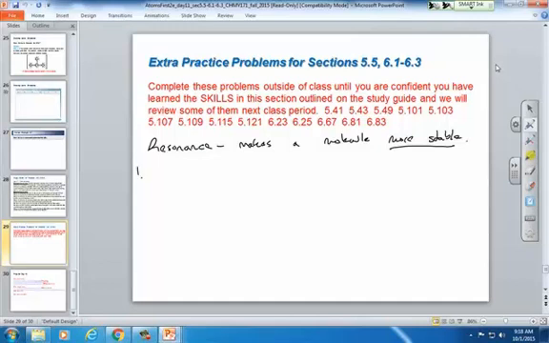So the first thing is to look at the octet rule or the noble gas configuration. That's the biggest factor. We just saw that in the last example. We're trying to predict what's going to happen with the aluminum and the fluorine. We want to make sure they have noble gas configurations. So if all my atoms are nonmetals, I have to make their noble gas configurations by sharing. So that's the goal.